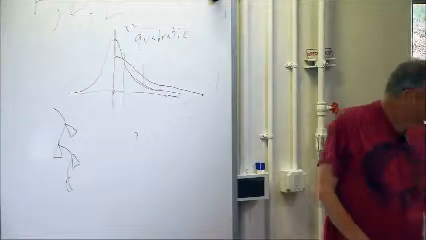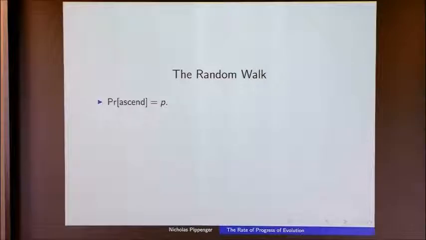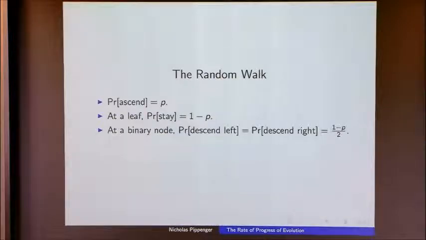So you will ascend with probability p, the same as before. If you're at a leaf, you have no children, then you ascend with probability p, and you stay with probability 1 minus p. And if you have 2 children, then you go to either of them with probability half, given that you don't ascend.